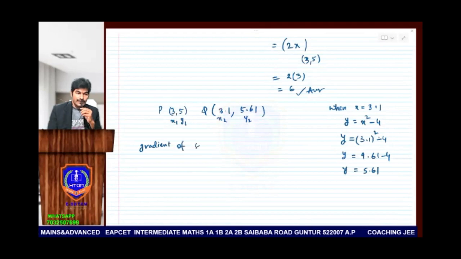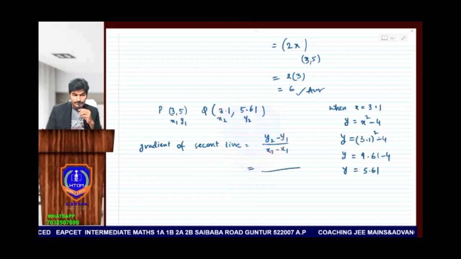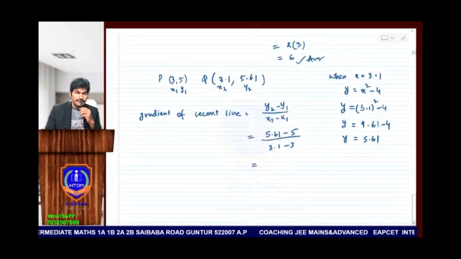Now we will calculate the gradient of the secant line. The formula is (y2 minus y1) by (x2 minus x1). y2 means 5.61 minus 5, and 3.1 minus 3. 5.61 minus 5 will be 0.61.